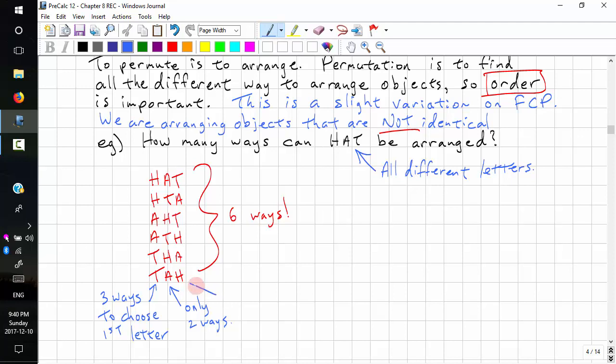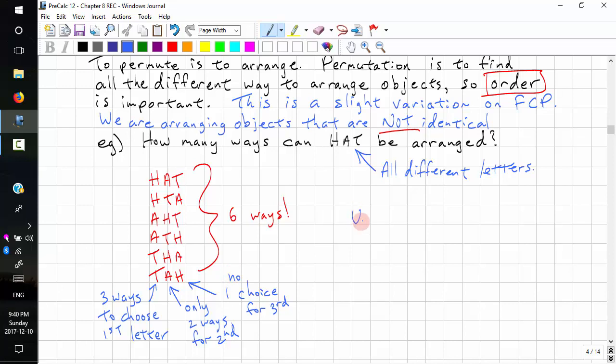And then we only have one choice for the third letter. And when you have one choice, that's really no choice.